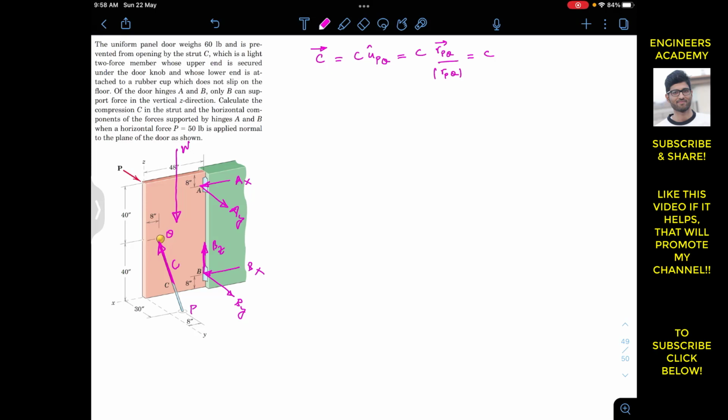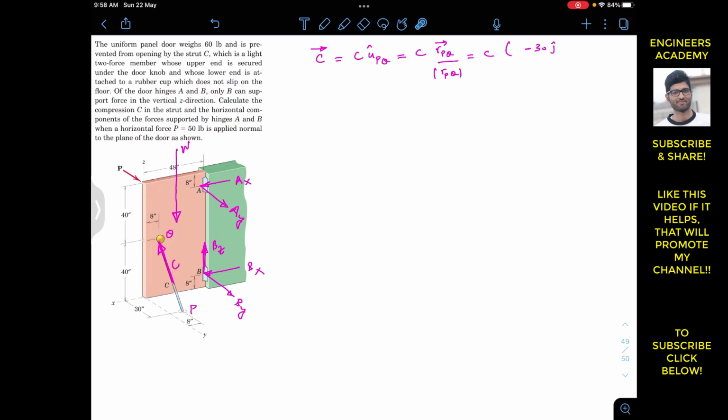So from point P we need to travel this distance, which is 30 inches, and this is in the negative y. So I will write minus 30j, and then once I reach here, I need to travel this distance, which is 40 inches in the positive z. And as we can see, point P is at a distance of 8 inches and point Q is at a distance of 8 inches.